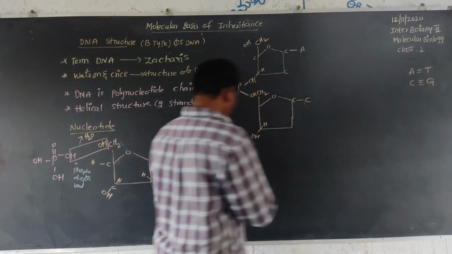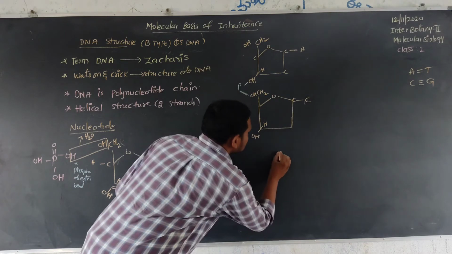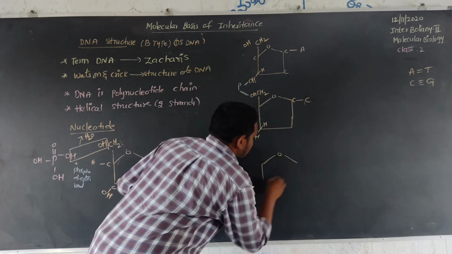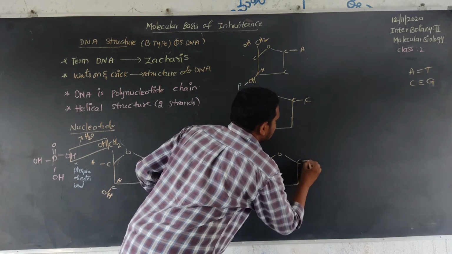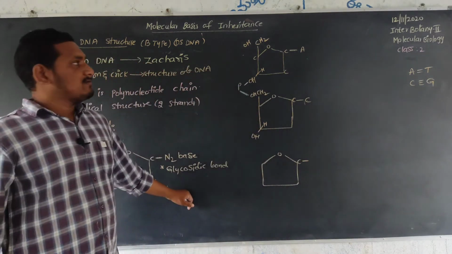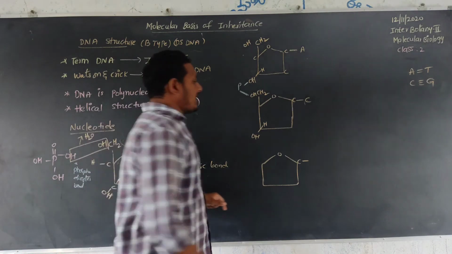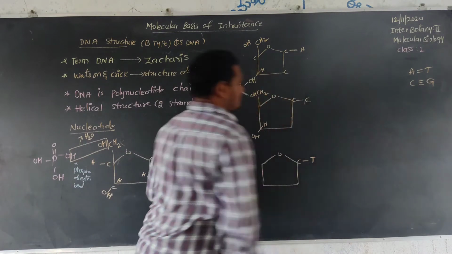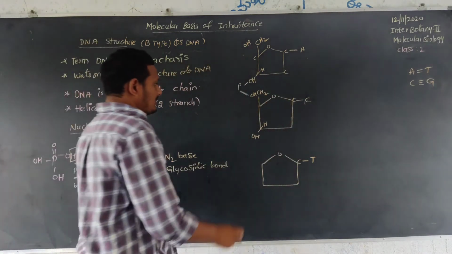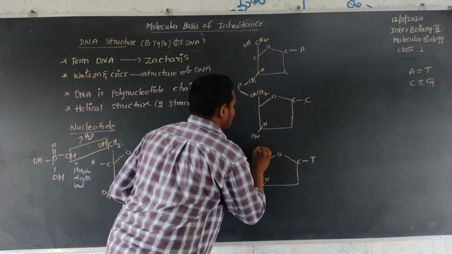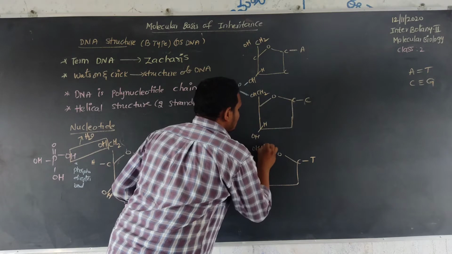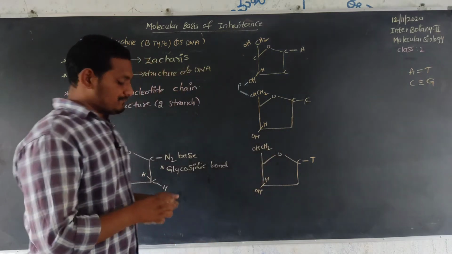Next, one more nucleotide. Here carbon number 1 attaches with a nitrogen base, and thymine attaches with adenine. Next, the third carbon has a functional group, and the fifth carbon, that is CH2OH, is freely attached.